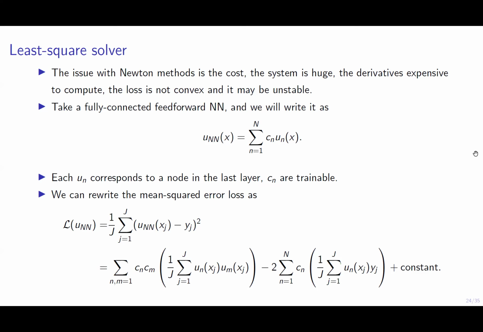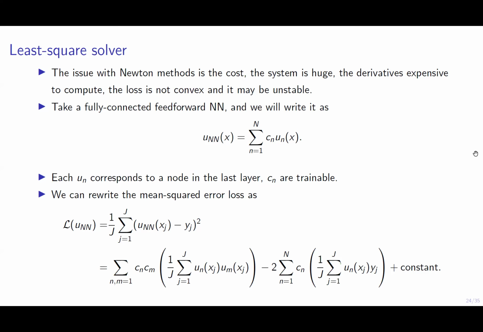By putting this representation of our neural network into here and doing a few simple algebra calculations, we end up with a quadratic loss in these coefficients. We can explicitly write what this matrix is; it depends on both n and m, the indices of the coefficients. This gives us a quadratic term, a linear term, and a constant, which we don't really care about if we're minimizing things.